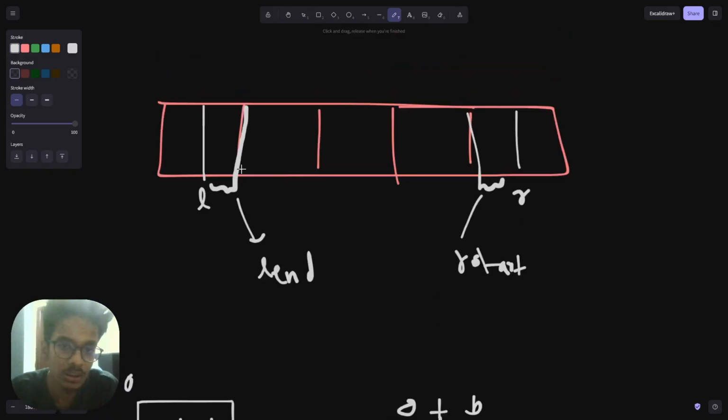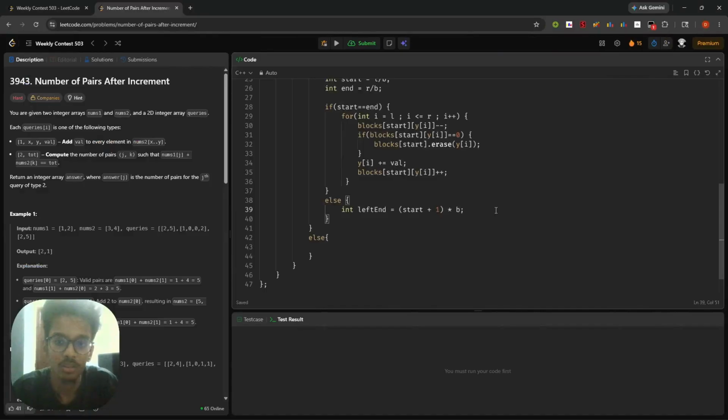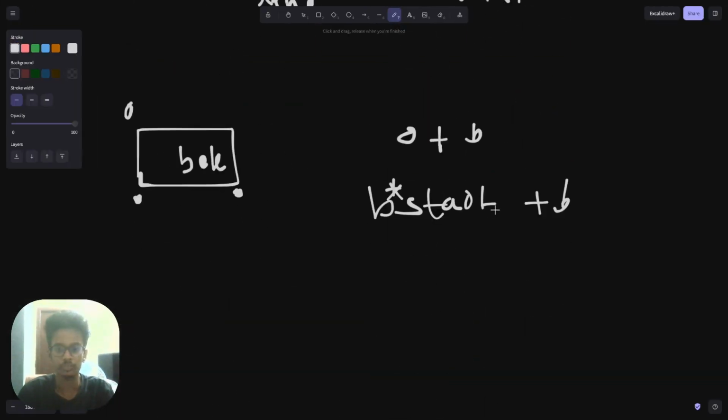If this wasn't 0, if it was somewhere here, there are B elements before it. So it's B into start. So B into start plus B is nothing but start plus 1 into B. So that's how you write it. Okay. So the left hand is clear. How to figure out the left hand?